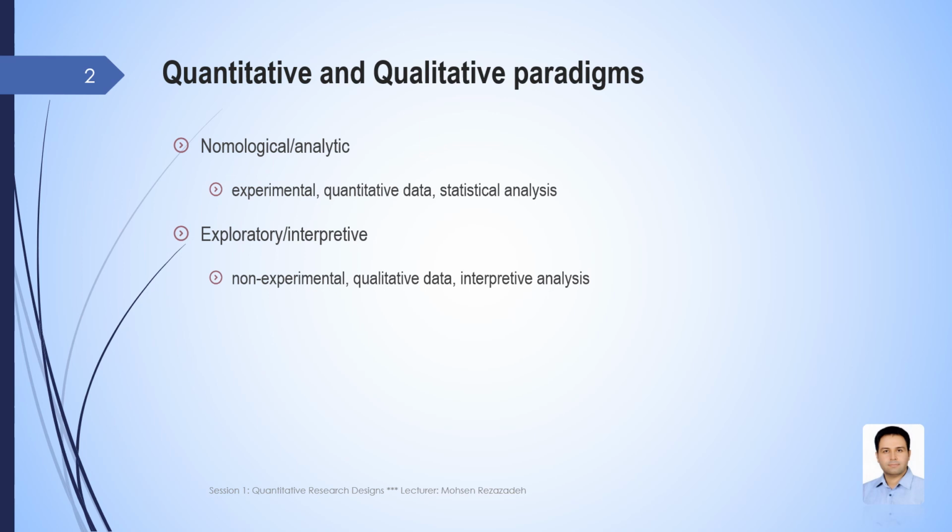In fact, we can say that one of the most general and best known distinctions in research methodology is between qualitative and quantitative research. These two classifications in educational research have been discussed widely.